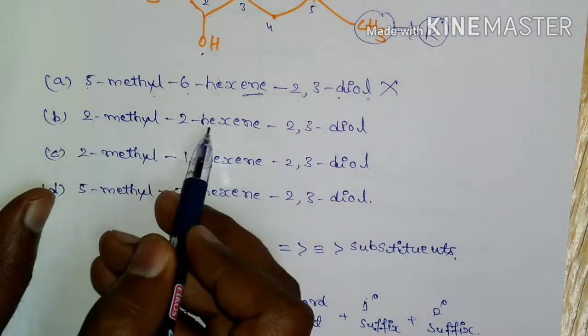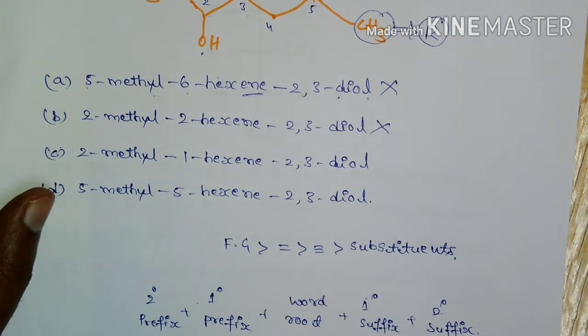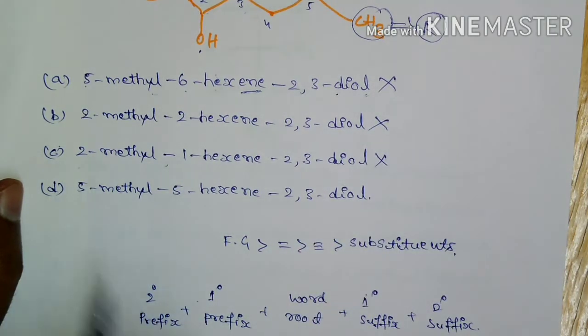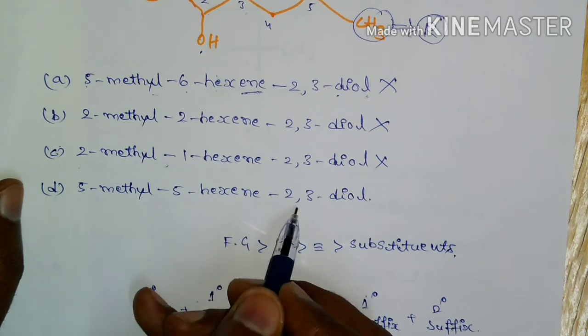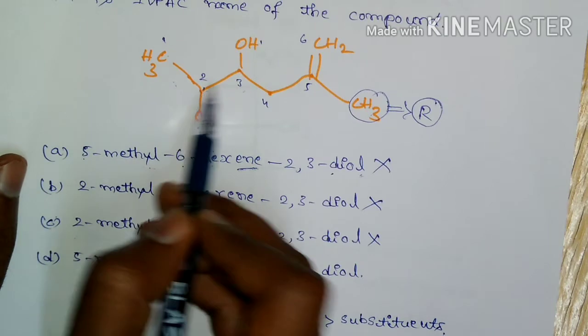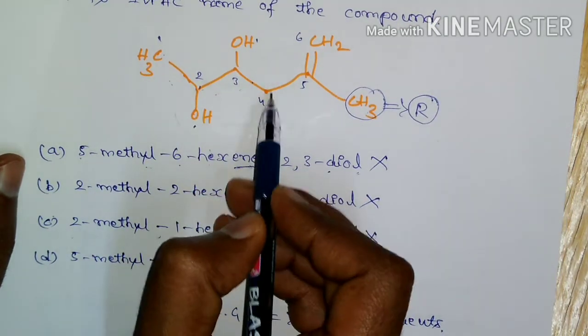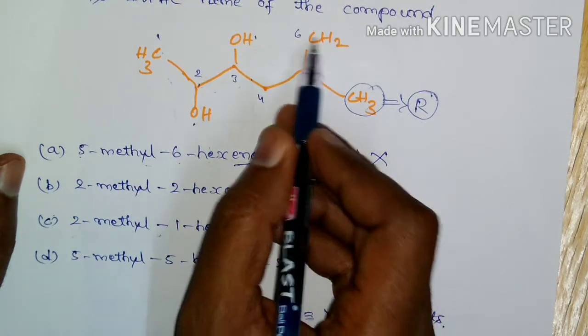So if we come to this one, 2-methyl 2-hexene 2,3-diol, this is also not correct. 2-methyl, again this is also not correct. The remaining option, 5-methyl 5-hexene 2,3-diol. So 1, 2, 3, there are 2 diol groups, and at 5th position there is a double bond.